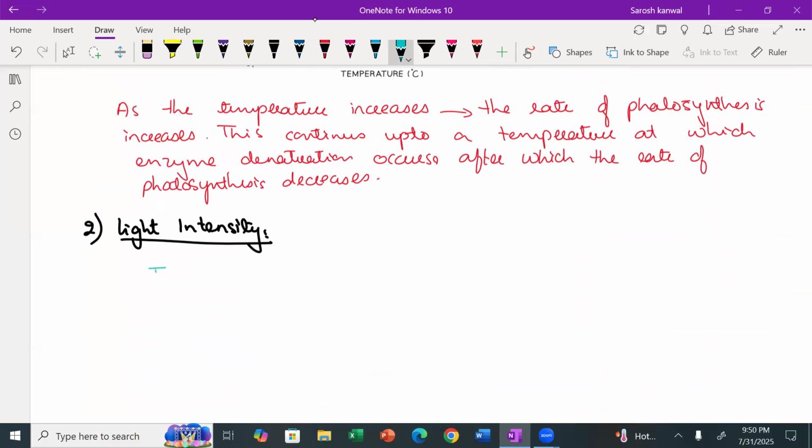The higher the light intensity, the faster the rate of photosynthesis is.